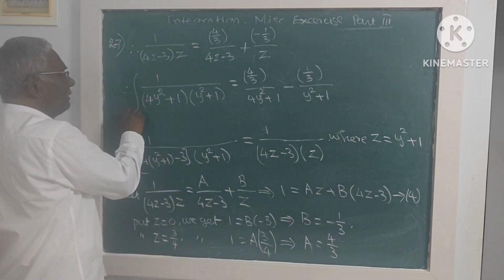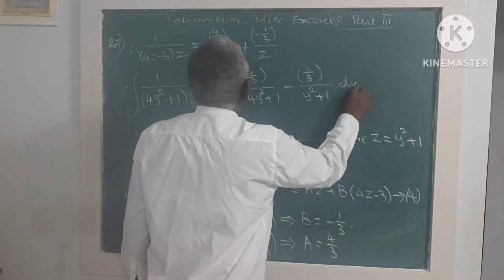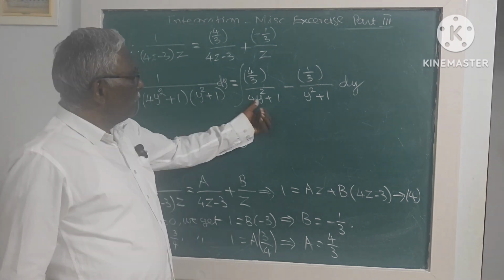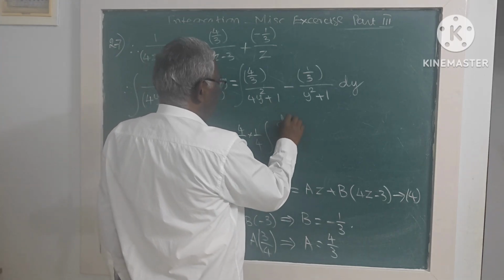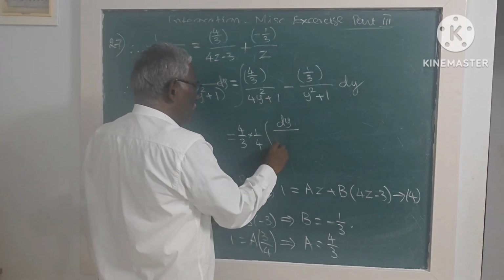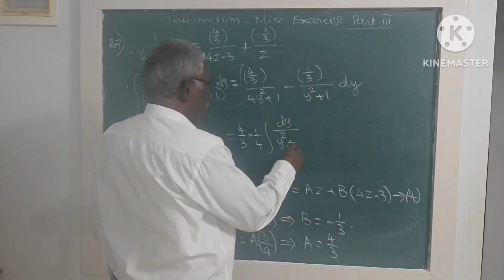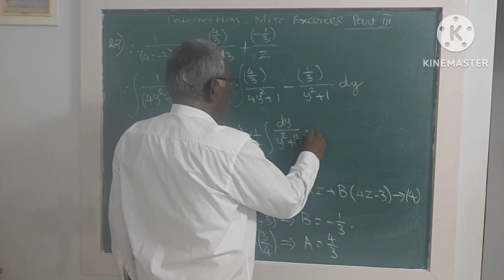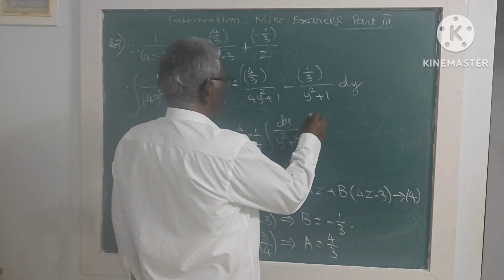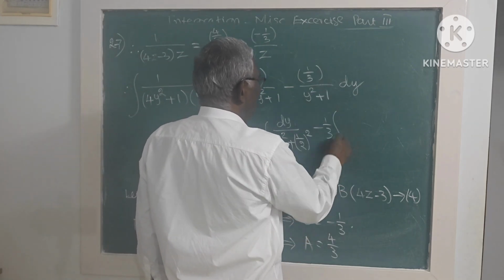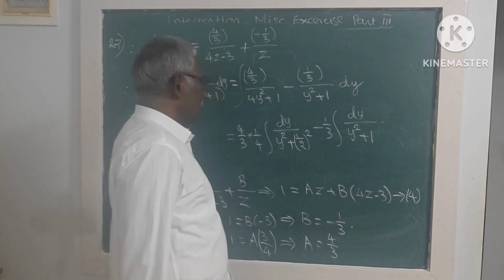On integrating, we will take the 4 outside. So into 1 by 4 integral dy by y square plus, here 1 by 4 becomes 1 by 2 whole square. Then minus 1 by 3 times integral dy by y square plus 1.